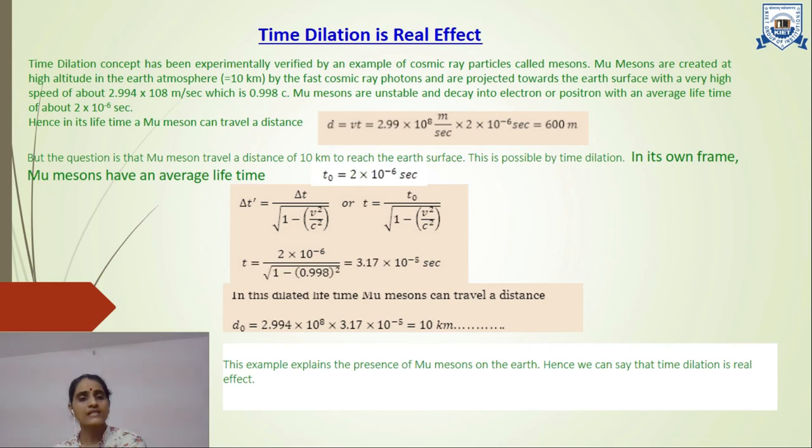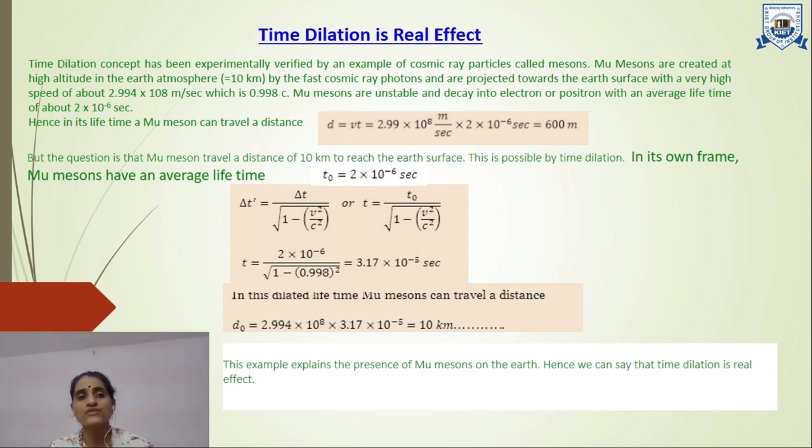So the time calculated using the time dilation effect on the Earth's surface is more in comparison to the time 2 x 10^-6 seconds in the frame where the mu mesons are created, which clearly indicates that time dilation happens and time is dilated.